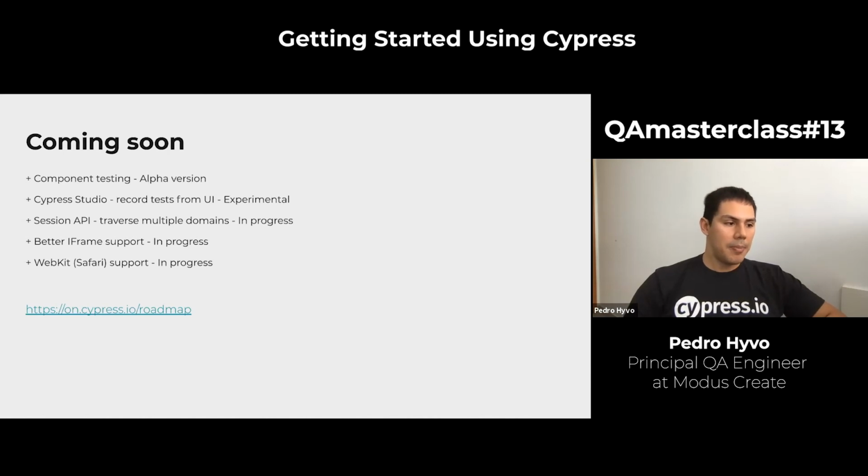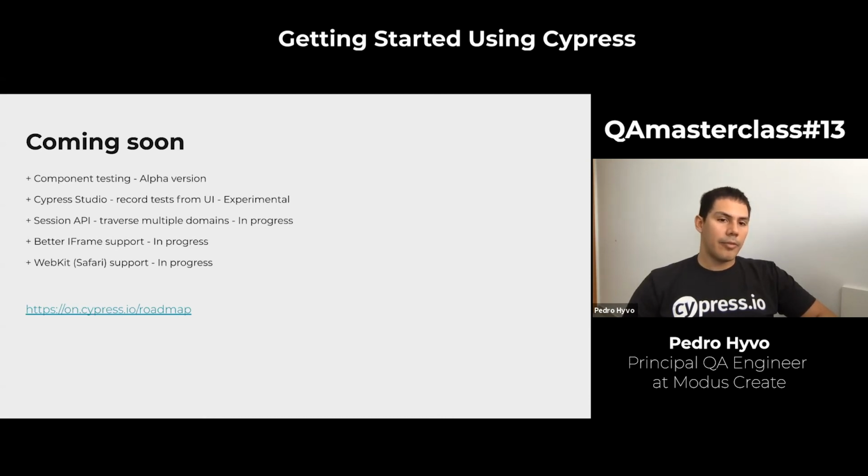The session API offers you the ability to use multiple domains. Let's say, for example, you need to log in to an application and go through a third-party app. We will support this, because at the moment we only log in on a single domain.